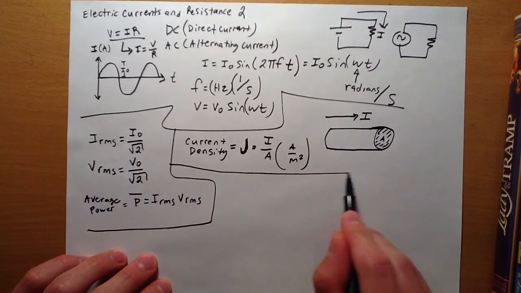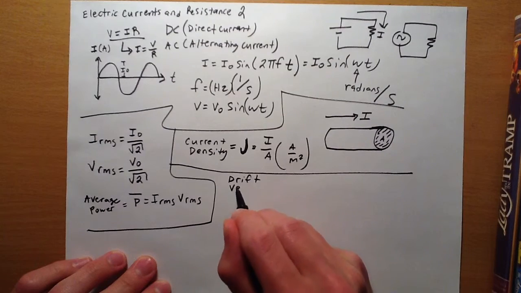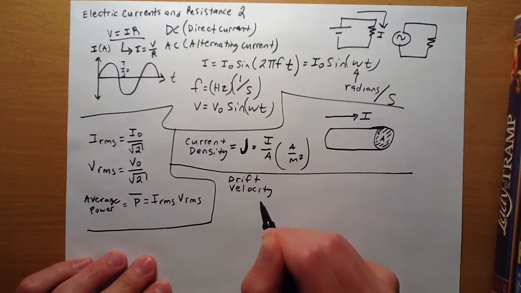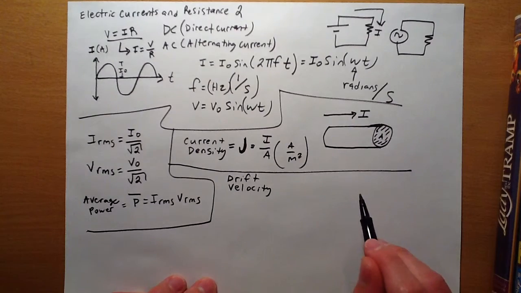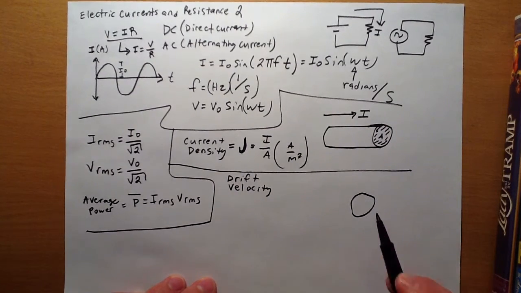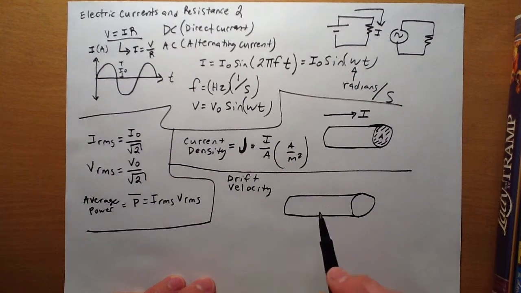Now there's something else we should talk about, and that is drift velocity. So, we talked about current. Current is the change or the movement of a charge over a certain amount of time. So you may think, okay, current is the speed that electrons flow in the wire. This isn't true. So we have our wire right here, has a certain area, has a certain length, and we put a current through it.